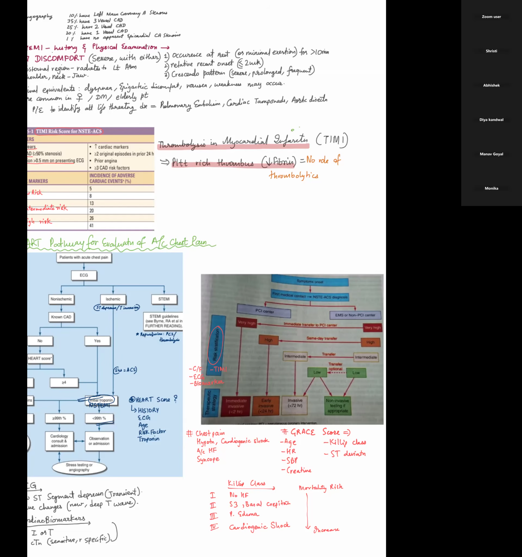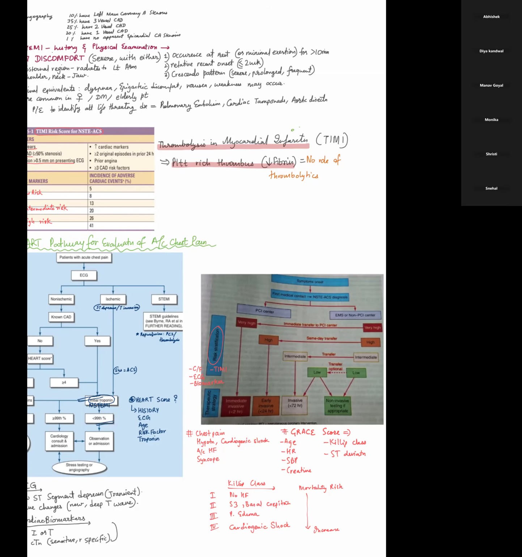There is also the GRACE score, which includes age, heart rate, systolic blood pressure, creatinine, Killip class, and ST deviation.